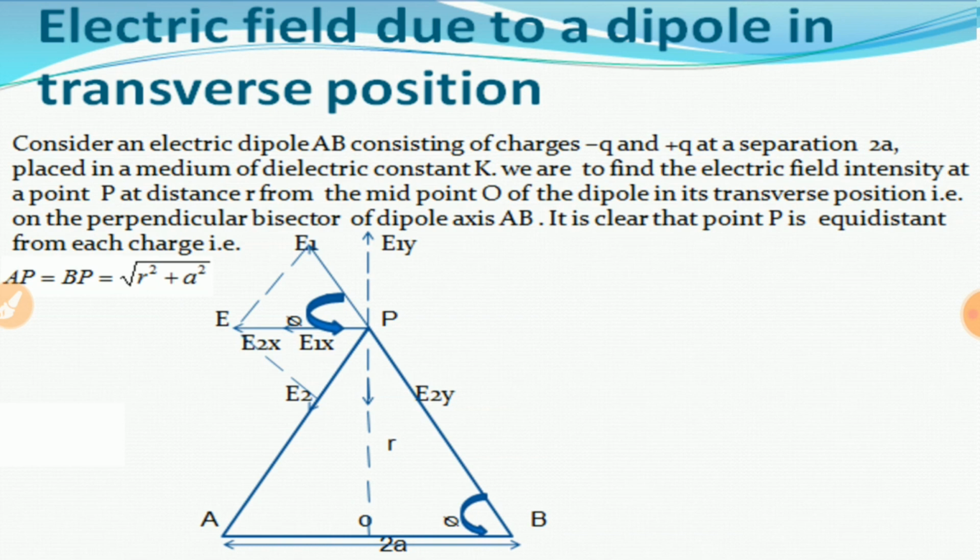It is clear that point P is equidistant from A and B, that is, AP equals BP equals under root r square plus a square.